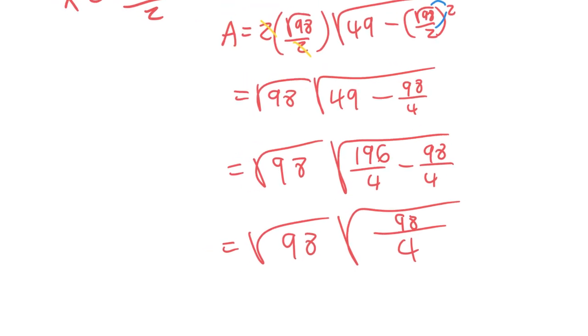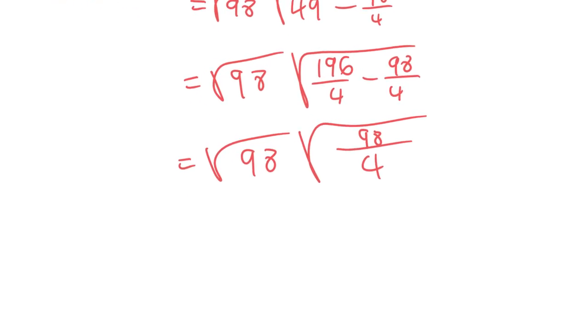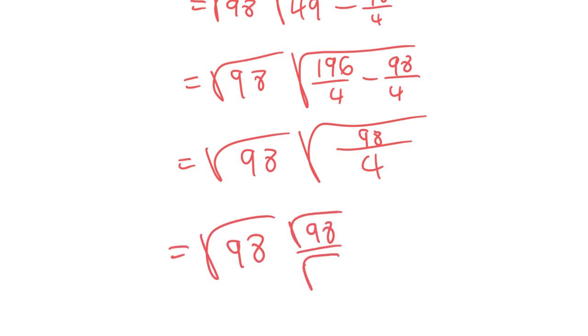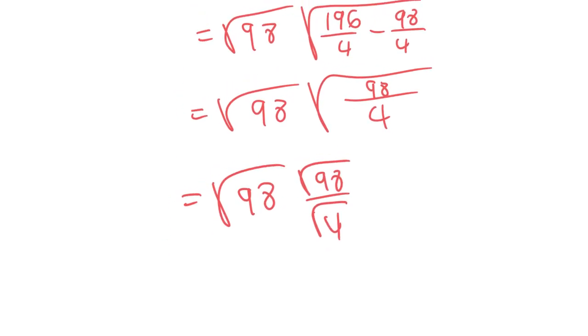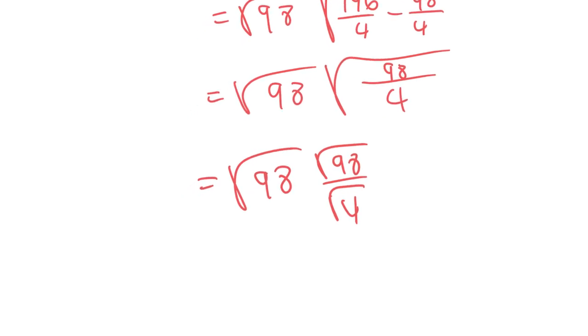Okay, isn't this awesome? Okay, so hopefully we're all remembering the laws of radicals such that you could split this one thusly. I think we all understand, therefore, that this would be radical 98 times yet another radical 98 over a 2.